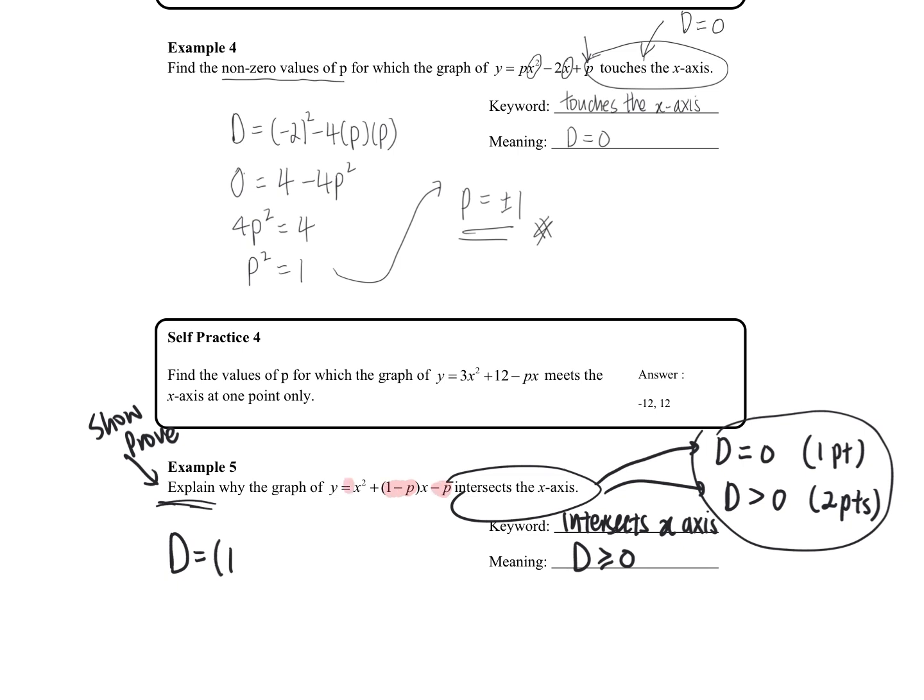So b square minus 4ac. This is your c. This is your b. This is your a. No number there means 1. So you go and simplify.